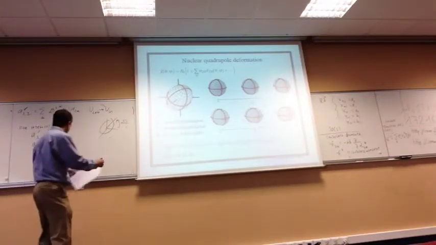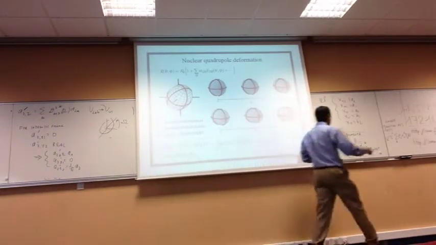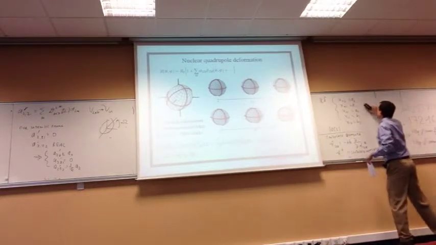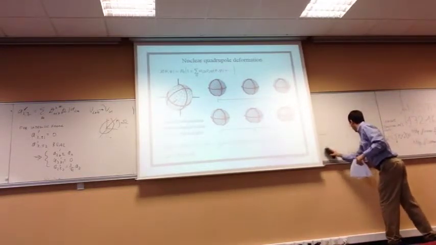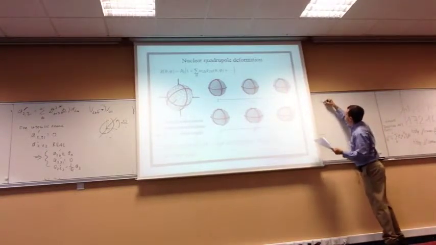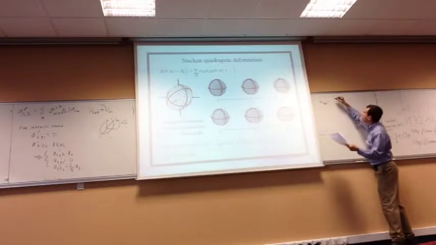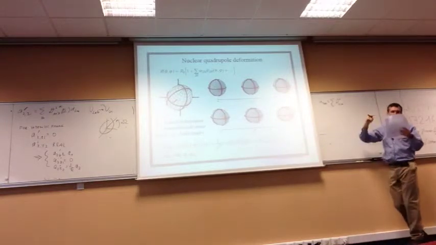So what do we get? We get that, rotating back, these alpha 2 mu's are a sum over nu's of D2 nu mu. All right, we're setting up the formalism here.